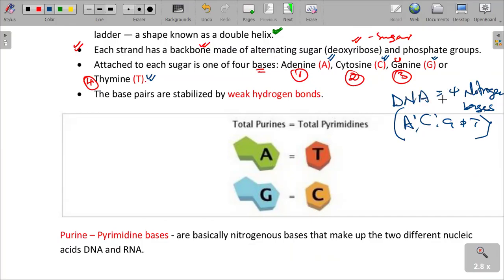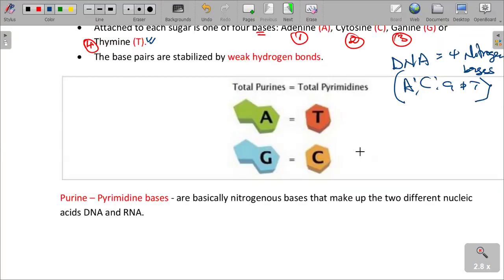Total purine is equal to total pyrimidine bases. Adenine pairs with thymine. The equal sign you are seeing just shows that it is a complementary pairing, where A and T pair together and G and C pair together.